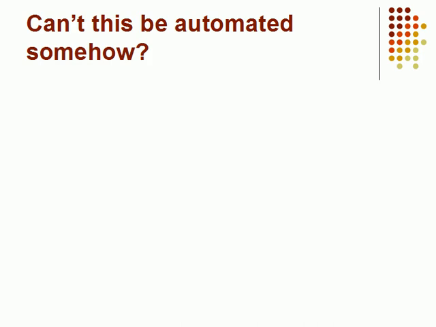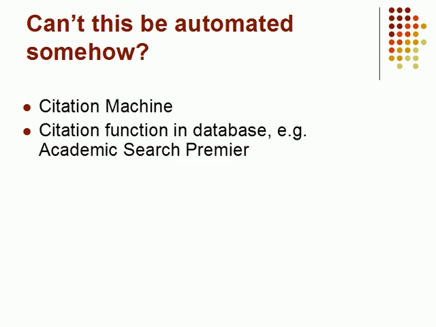If you'd like to simplify the process rather than agonize over every comma and period, there are a few tools you could try. Citation Machine is a website where you can enter the information about an article or book, and it will give you a citation. It works for MLA, APA, and Chicago style. Some databases also have a citation function that you can use when you retrieve the article.